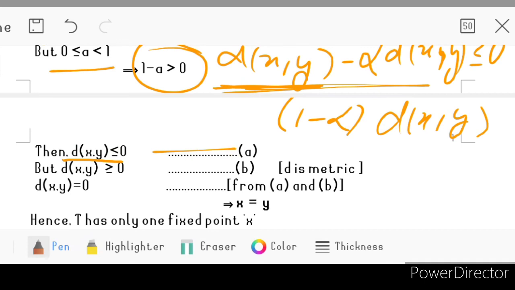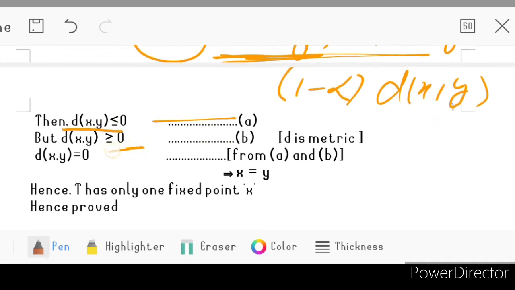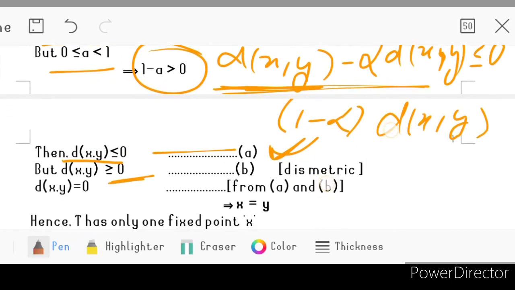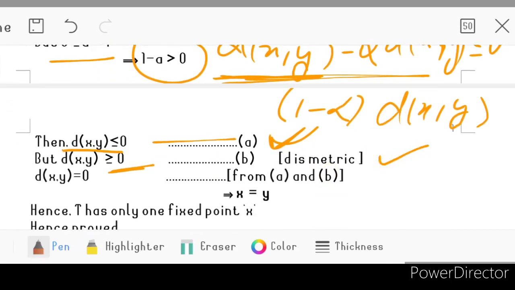But we know that as d is a metric, it will be greater than or equal to 0. Equation A we got from the situation, and equation B is from the definition that d is a metric. Of course if d is a metric, the distance is always greater than or equal to 0. So from equations A and B we can say that the distance between x and y is equal to 0.